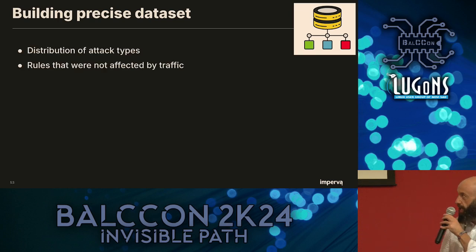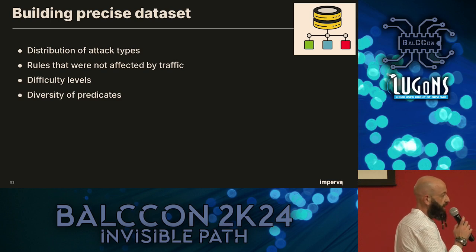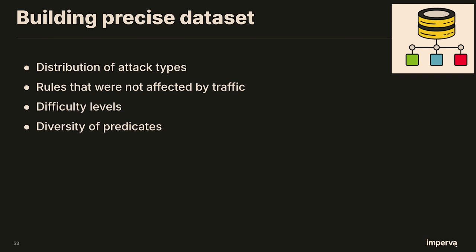So to do that, we had to create a data set to train our models, or to test the models. And the data set has to take into account, first of all, the distribution of the attack types. As I mentioned before, we have several types of web application attacks that are relevant for us, like SQL injection, cross-site scripting, and so on.